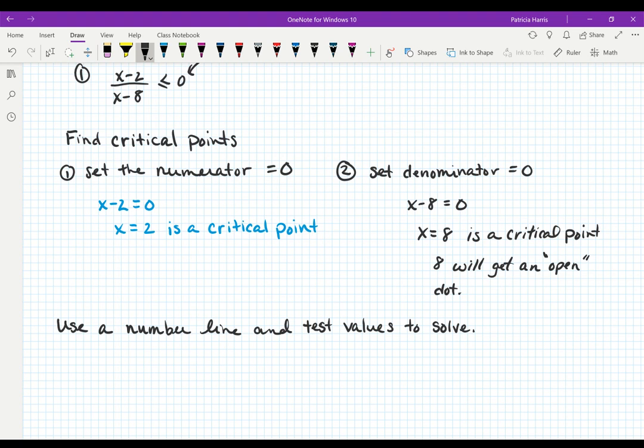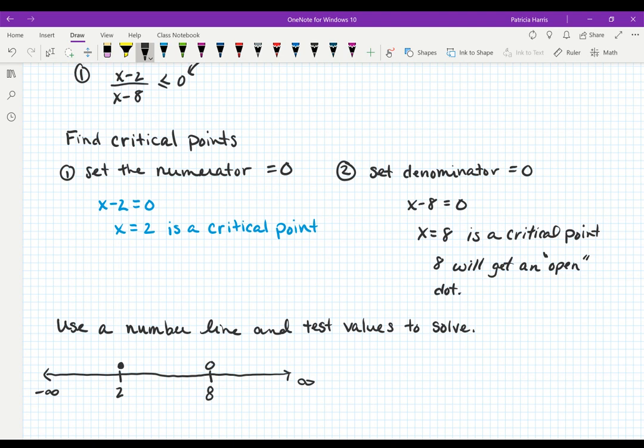Okay, so negative infinity is on your left, positive infinity is on your right. 2 is here, 8 is here. Okay, 8, as we said, gets an open dot. Now 2 will get a closed dot because that's what your inequality states.